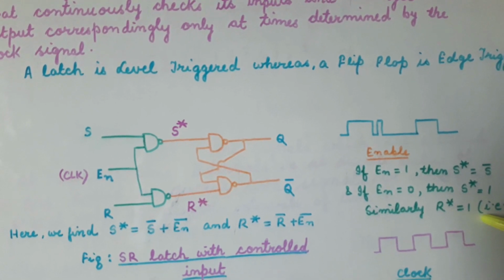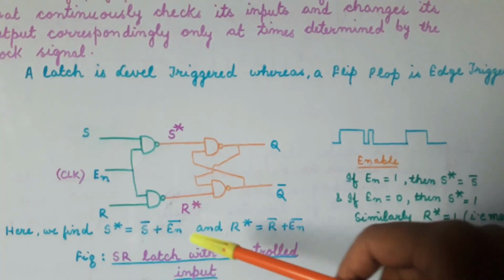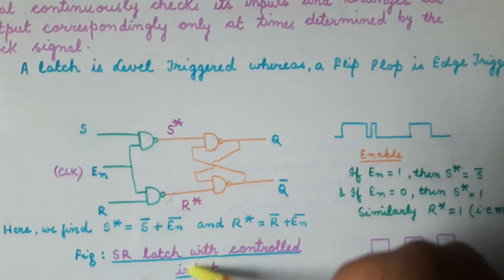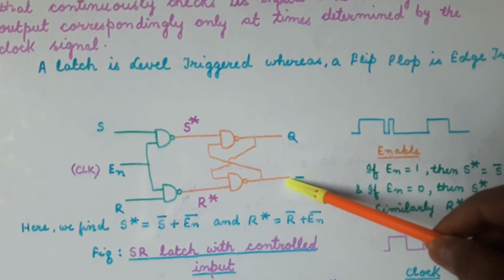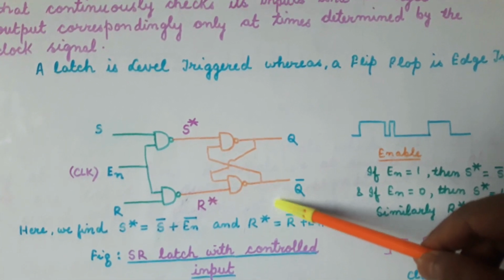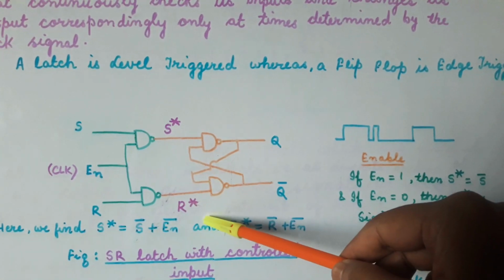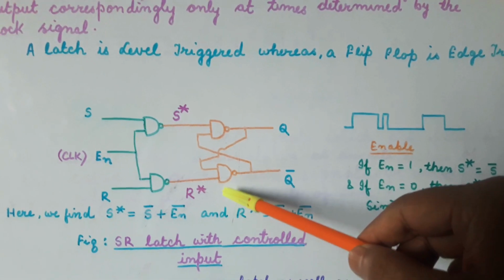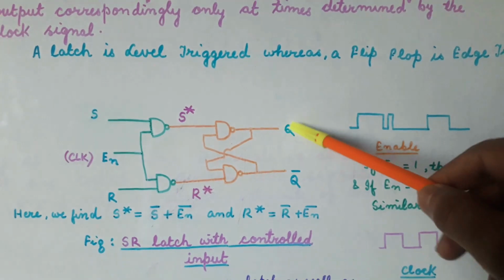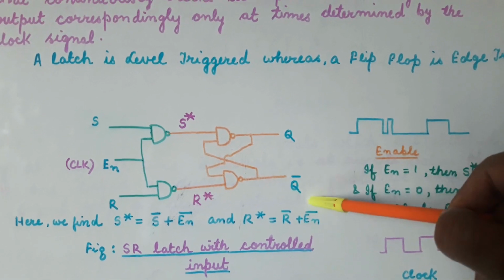So, we find that when enable is given as the input to both of these NAND gates, and this is an SR latch with NAND gates, then if the values of S star and R star are both equal to 1, the output we get will be the memory, that is, the previous state.